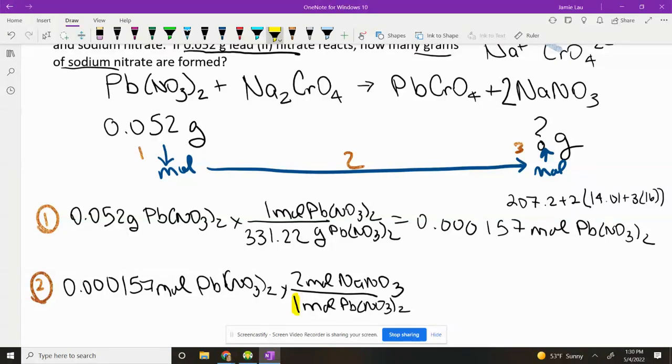Right, again, I'm getting these numbers from the coefficients of the balanced equation. And so I take my number of moles, multiply by 2, and I get 0.000314 moles of sodium nitrate.